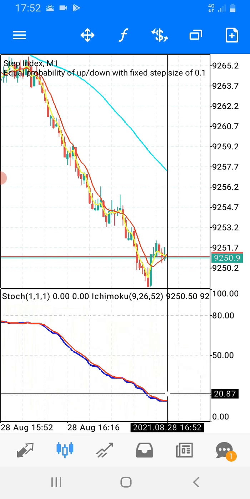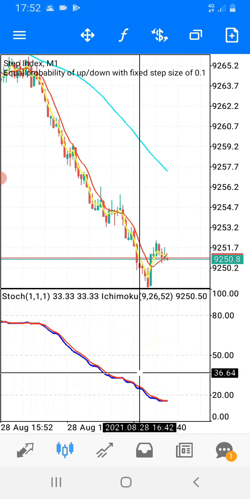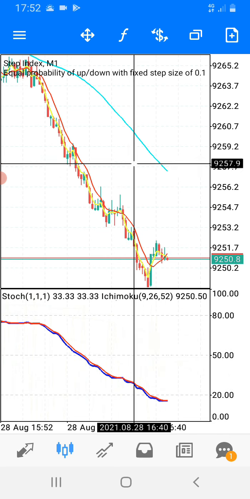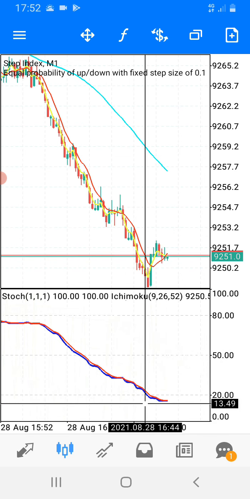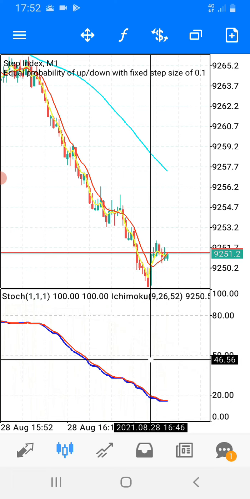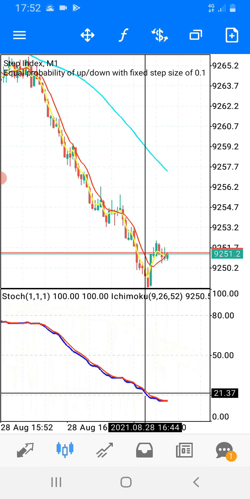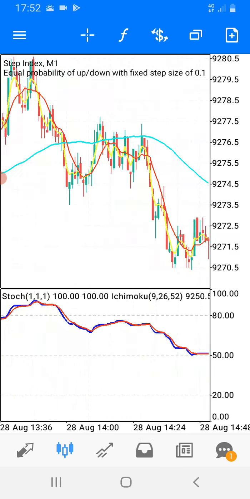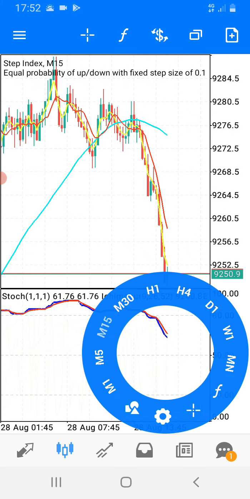As soon as it touches the 20, you take your profit. You can take profit from the 50 because it usually makes a pullback which might continue till it gets to the 20 level. But as soon as it got to the oversold level, which is the 20, guys, take profit and wait for more signals. So that's how I would trade step index.